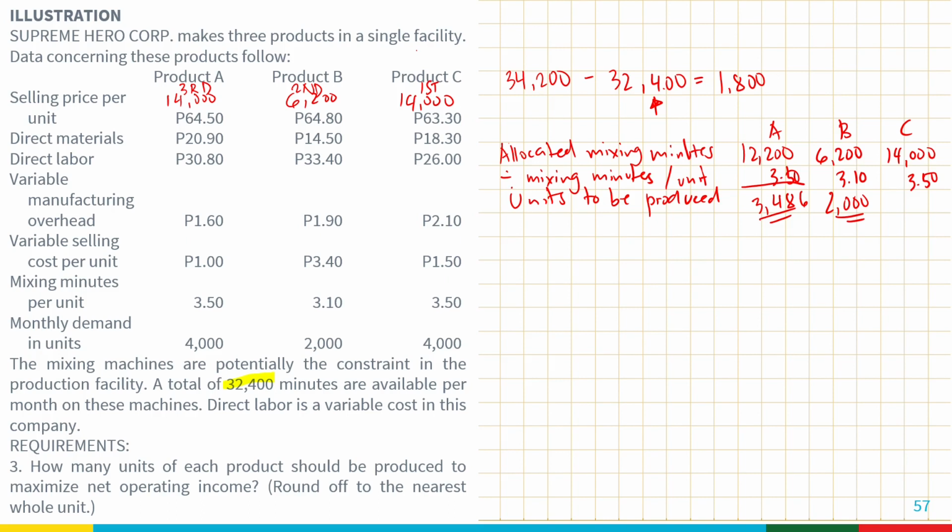That's 4,000 units. Okay, so these are the number of units that we are going to produce for each product. 3,486 for A, 2,000 units of B, and 4,000 units of C.